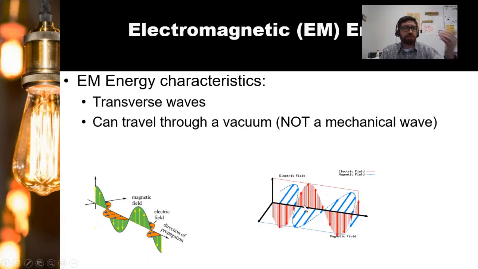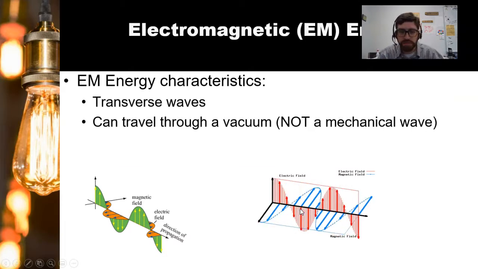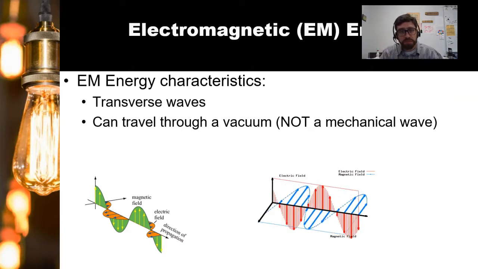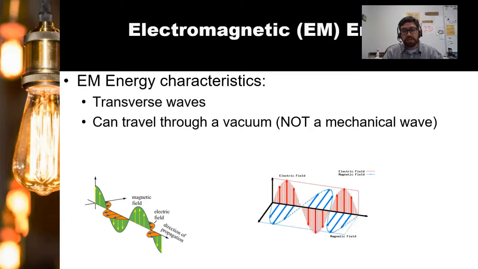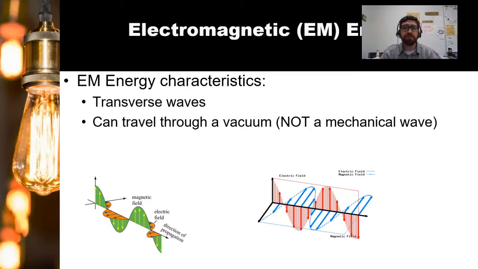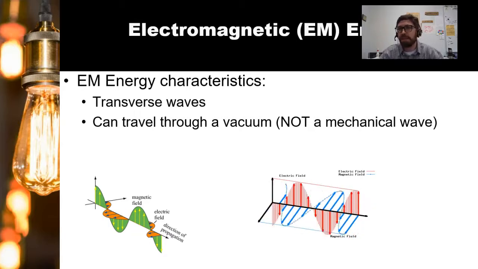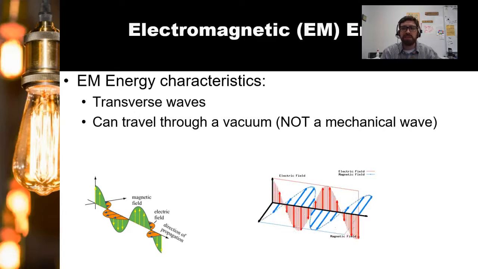The electric field creates a magnetic field that is perpendicular to that electric field. But then the reverse is also true, that as the magnetic field moves, because the electric field is moving, it also in turn creates another electric field, which creates another magnetic field, vice versa, and it keeps going back and forth. And that's basically a really dumbed down and probably slightly incorrect version of how electromagnetic waves are self-propagating.